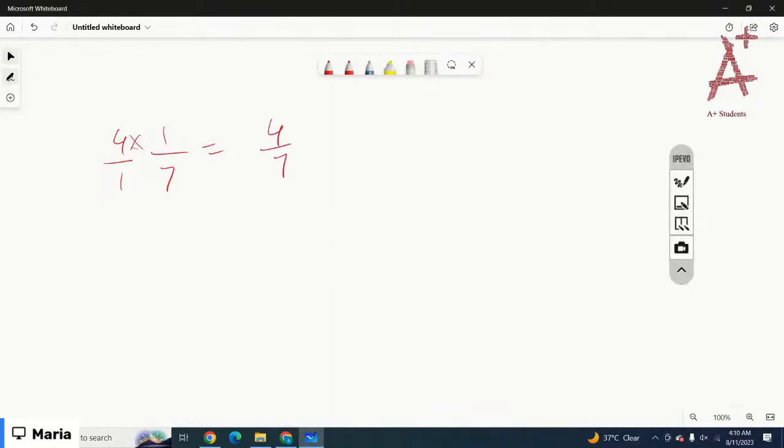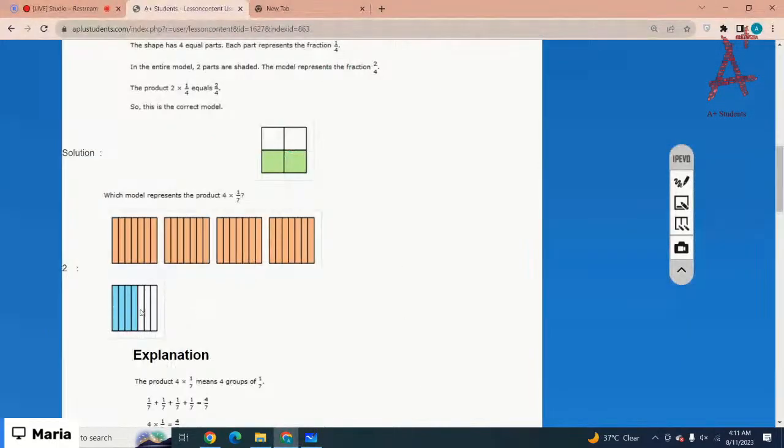Now you have to select the model. The total portions of the model would be 7 and just 4 of them are colored. The correct option is the one with 1, 2, 3, 4, 5, 6, 7 portions. You can see this one is correct because the figure has a total of 7 portions, and just 4 of them are colored.